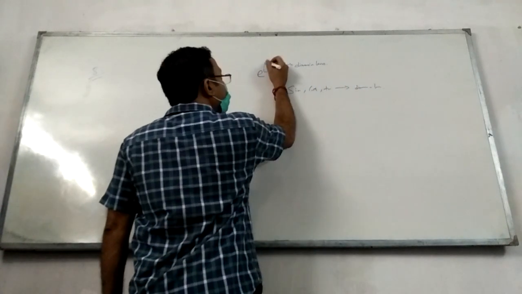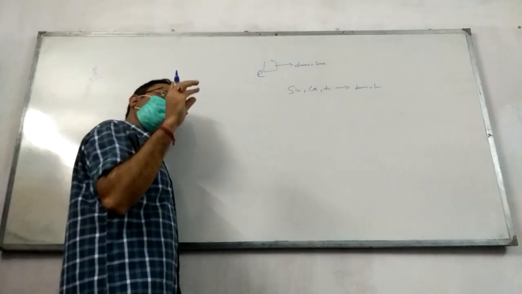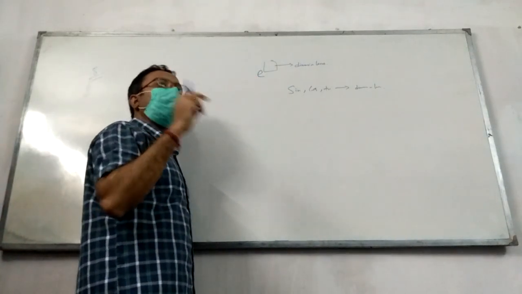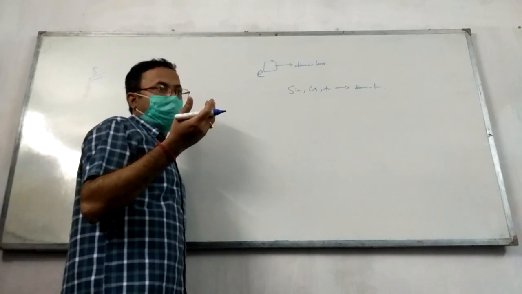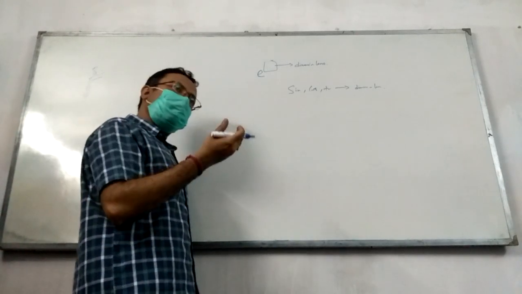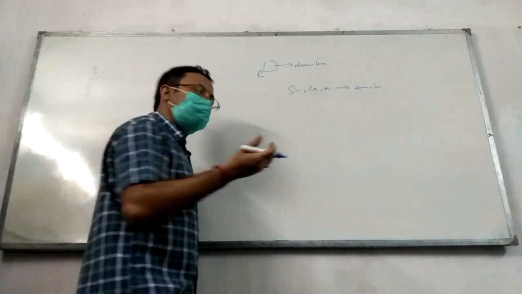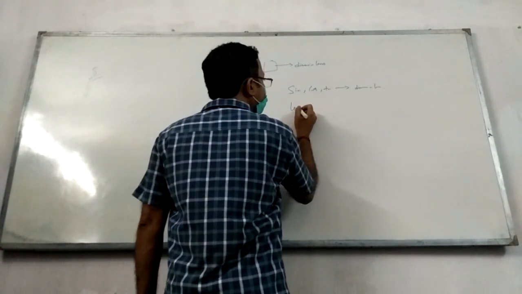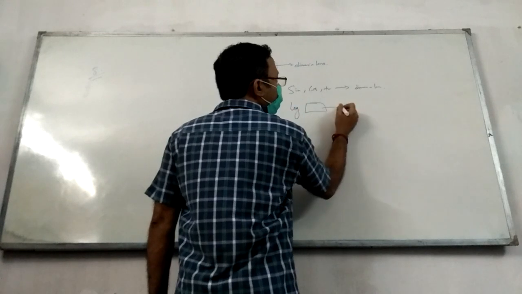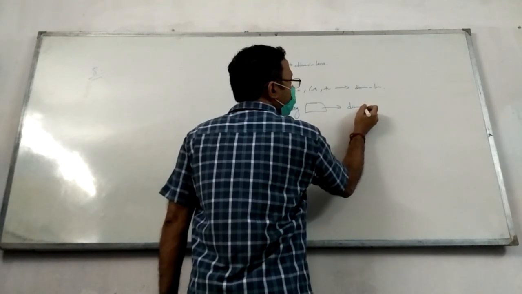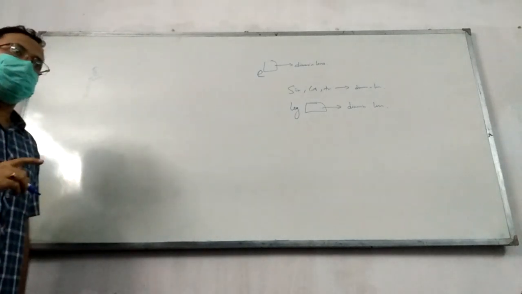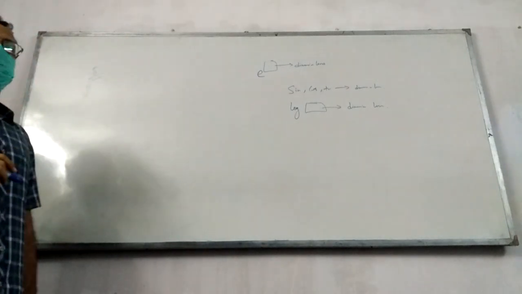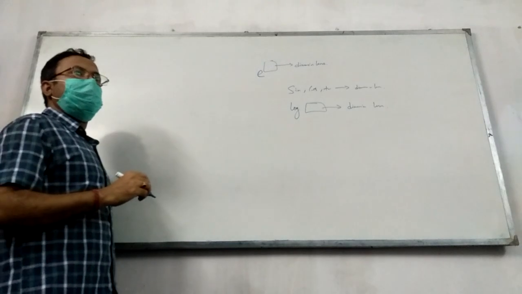Whatever comes in the exponent of e must be a dimensionless quantity, because whatever comes in the power of e is a pure number. If it has to be a pure number, it has to be dimensionless. Similarly, if you have logarithm of some quantity, that is also dimensionless.